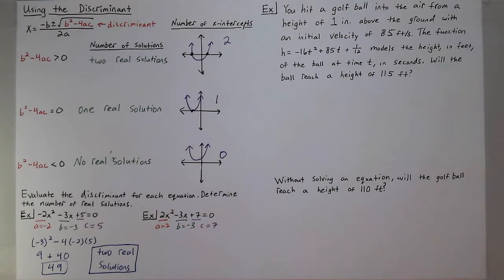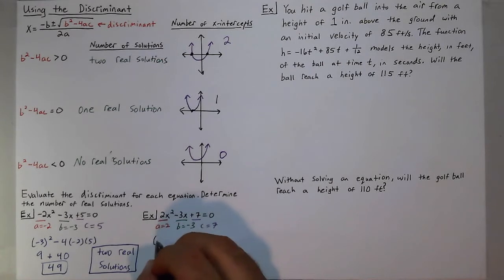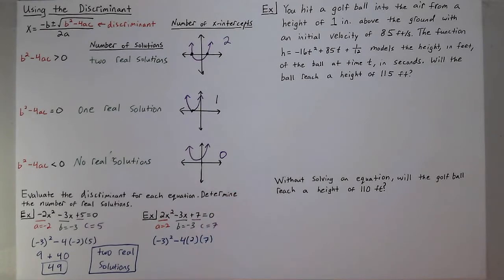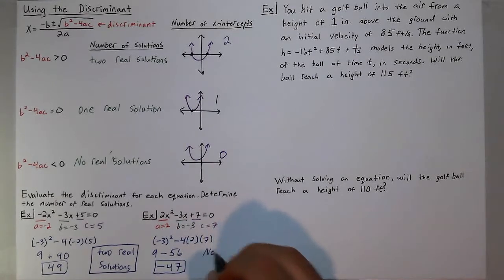So here I'll have negative 3 squared minus 4 times 2 times 7, giving me 9 minus 8 times 7, which is 56, giving me negative 47. So this is a negative number, so we'll have no real solutions.